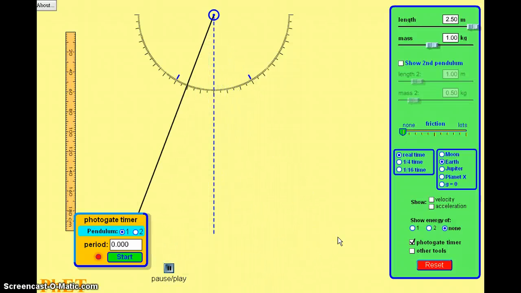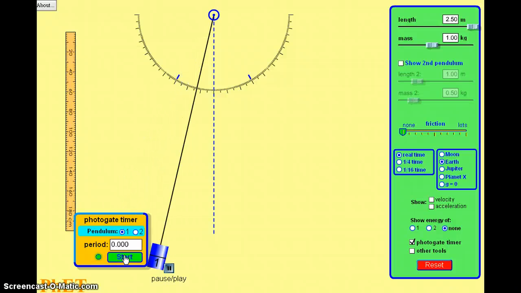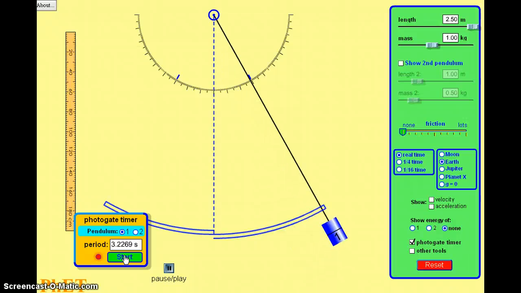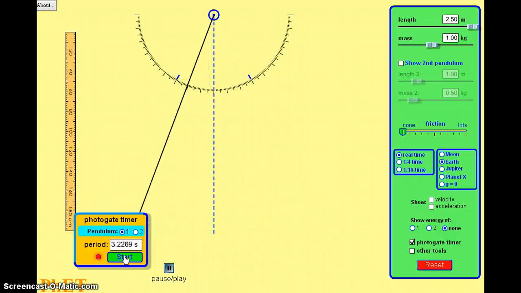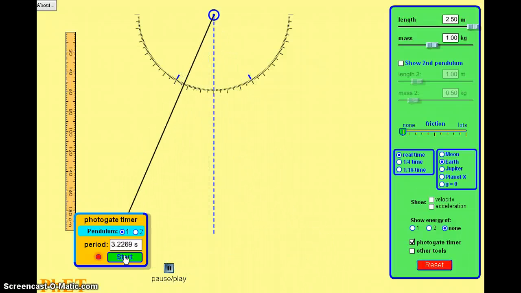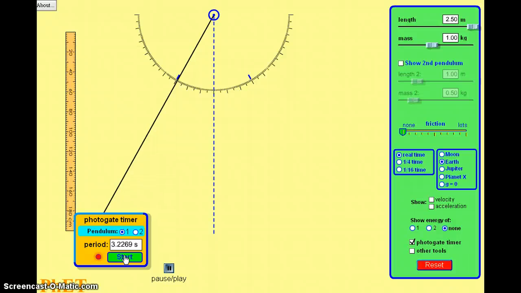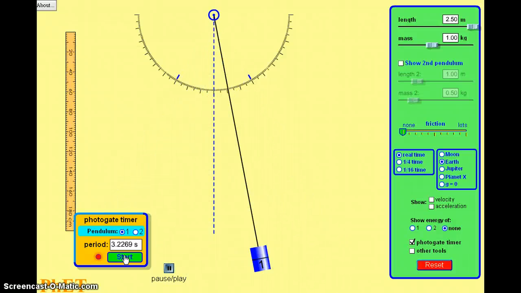Therefore, to measure the period of the pendulum, all we need to do is press the start button, and once the pendulum passes the equilibrium position and then repasses it from the same direction, you can see that a time measurement for the period is given. Pretty straightforward. Students can then go and collect all the data they need and then start to manipulate the data. And that's as far as this simulation goes for this data collection and processing activity.